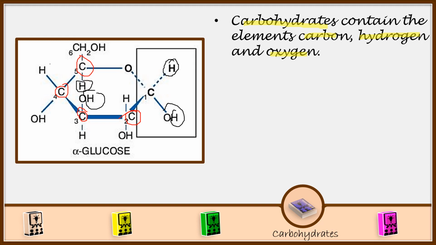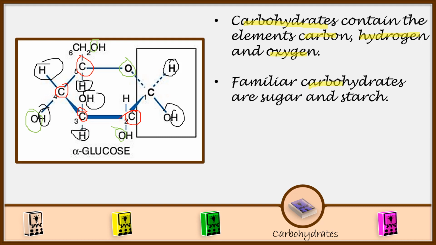This is alpha glucose, and alpha glucose is a carbohydrate. And then they are also made up of oxygen, and we can see a lot of oxygen elements in the carbohydrates. So the carbohydrates are made up of the elements carbon, hydrogen, and oxygen.